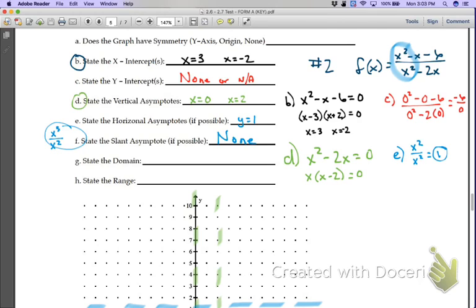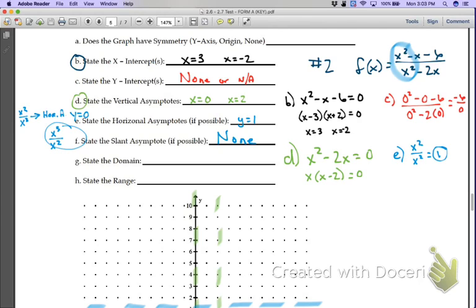If the bottom is bigger than the top, like an x squared over an x to the third, then your horizontal asymptote is y equal to 0. When they're the same, you take the coefficients and divide them. So since there's no slant asymptote here, it's just going to be none.